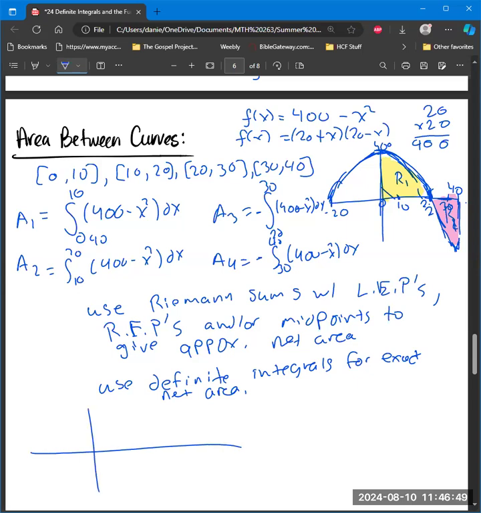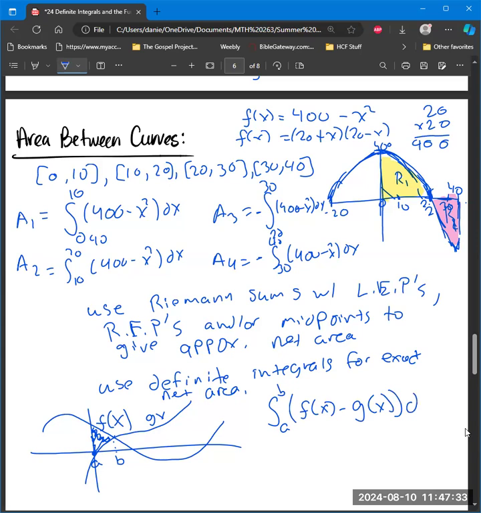So if I set this up and I have f of x, and I have g of x, and I want this area that's between them right here on this interval, say that this is A and this is B, like this, and I'm only interested in this region, then I'm going to take the definite integral from A to B, and since f of x is above g of x here, I want f of x minus g of x dx.